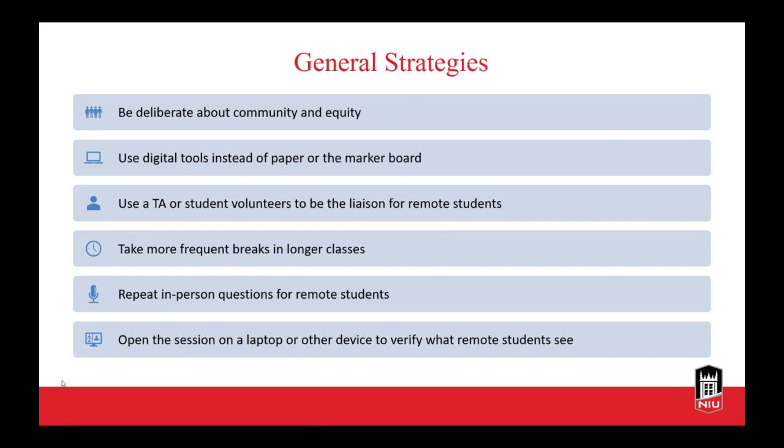If you have a TA, or if you don't have a TA, if you can get a student volunteer from the class to be a liaison for remote students, this is a huge benefit, or a great technique for keeping those remote students connected. So if you have at least one person in class, whether it's a TA or just a student volunteer, who can be the connection and the liaison with those remote students, they can monitor text chat to see if there's conversations going on.